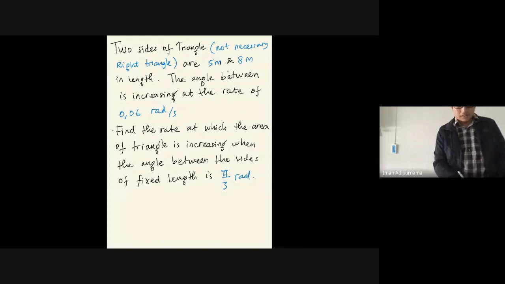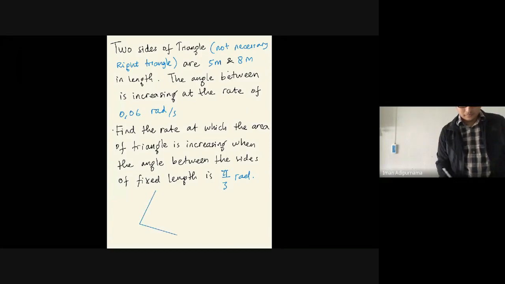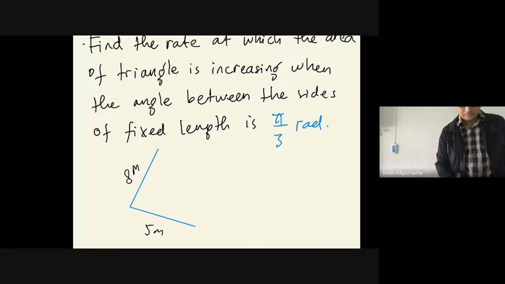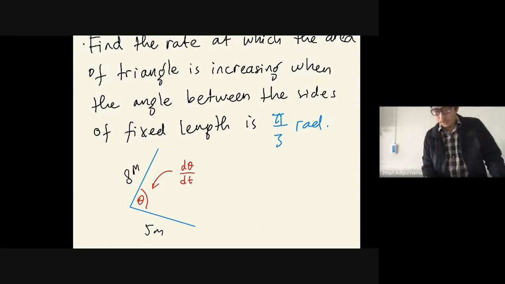It has lengths 5 and 8. I'll make this 5, this 8, and it has a theta. From the information, we know the rate of change of the angle is 0.06.